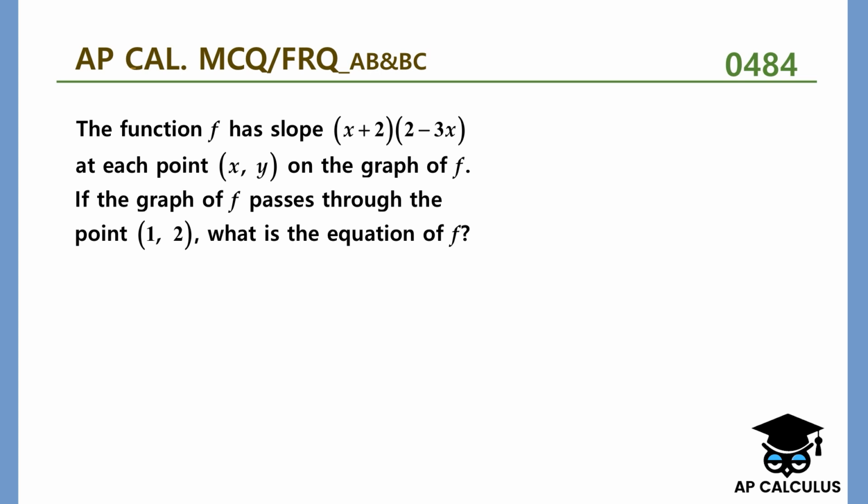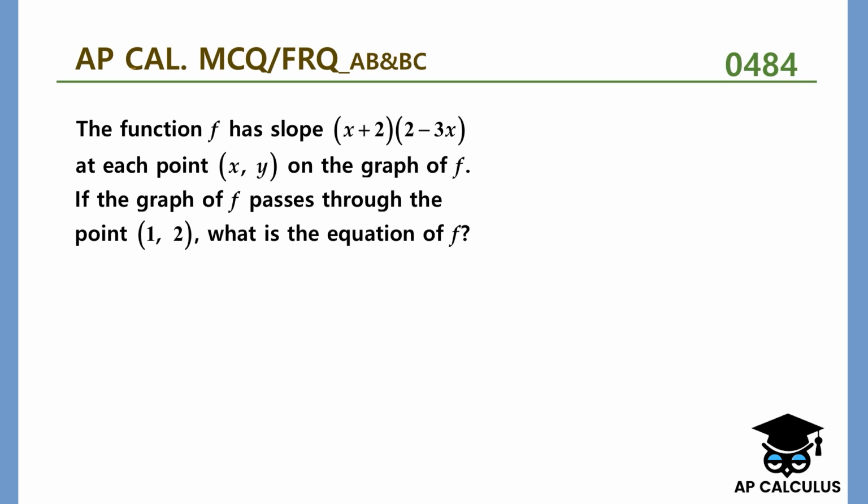Question 484. The function f has a slope of this expression at each point x, y on the graph of f. If the graph of f passes through the point (1, 2), what is the equation of f? Here it says f has a slope of this expression right here, which means this is equal to f prime of x, right?